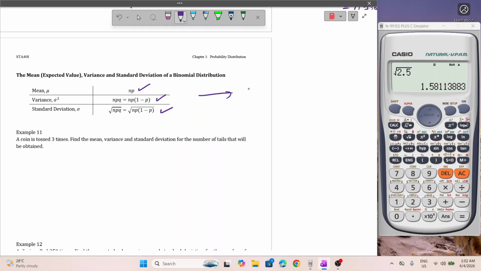Just to recap what we have learned in our previous class, n is the number of trials, p is the probability of success, and q is the probability of failure. So p plus q is equal to 1.